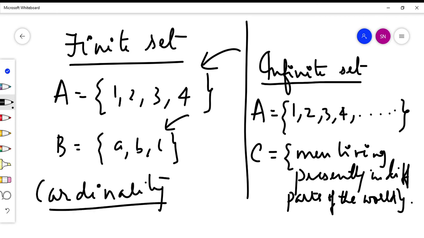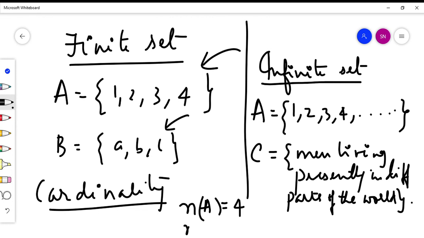Cardinality of a set is nothing but the total number of elements inside a set. This is applicable only to a finite set. Cardinality of a set is denoted by small n and the set itself. So n of A is the number of elements inside that set. Set A consists of four countable numbers, so cardinality of set A is equal to 4.